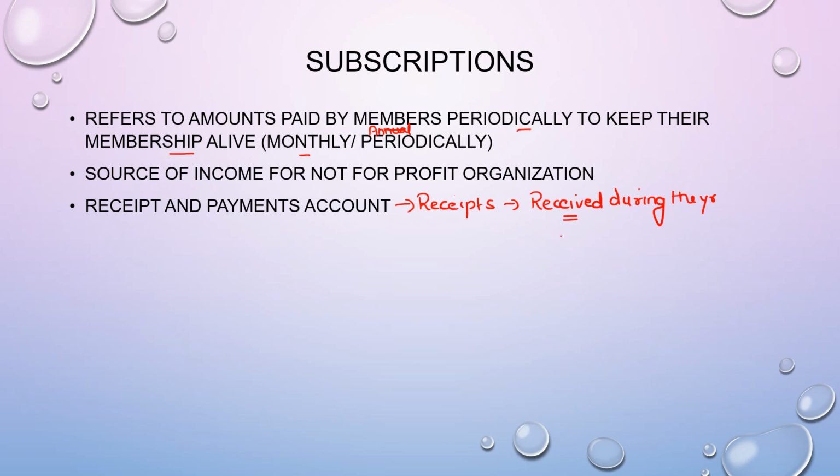So when we are saying receipt, it means it is not just related to the current year, but whatever has been received. Something related to the previous year which was not received might also be received during the current year. Something related to the next year might be received in advance by the NPO.